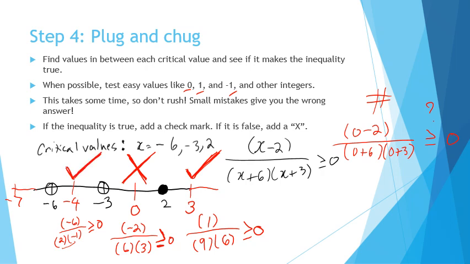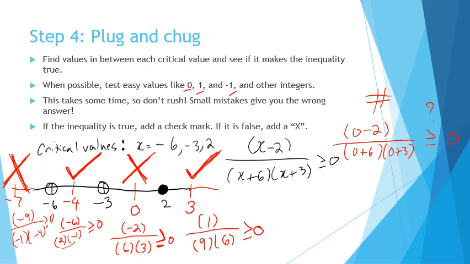So that's going to be a check mark as well. And then finally, -7, we should get -9 over -1 times -4. Is that greater than or equal to 0? This is a negative over a positive number, so this should be no. This is not greater than 0.